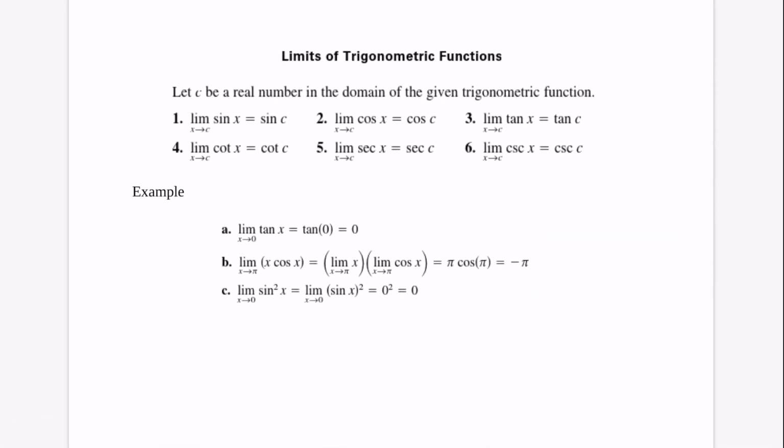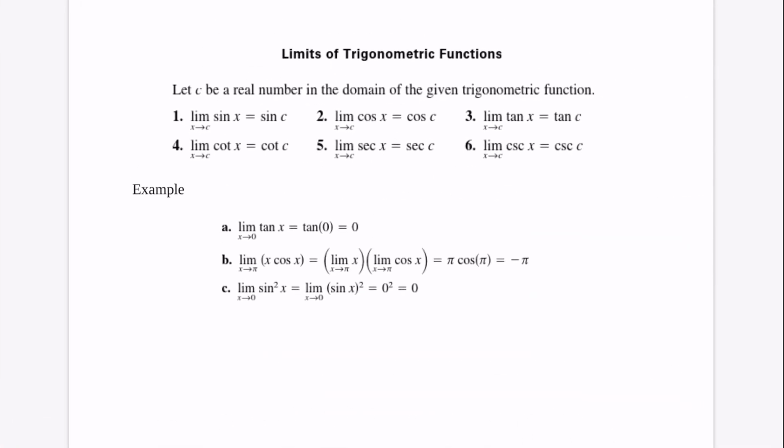The next topic we are looking at is the limits of trigonometric functions. How do we solve limits of trigonometric functions? It's very simple. We substitute the constant into the variable x directly. So if I have the limit of sine x as x approaches c, this is just sine of c.